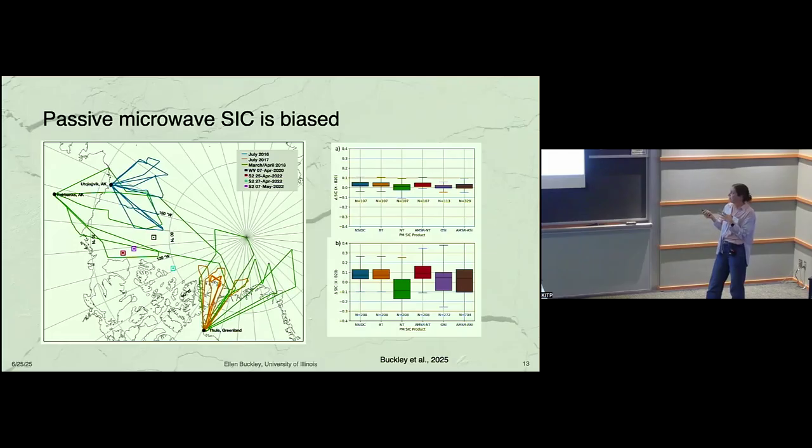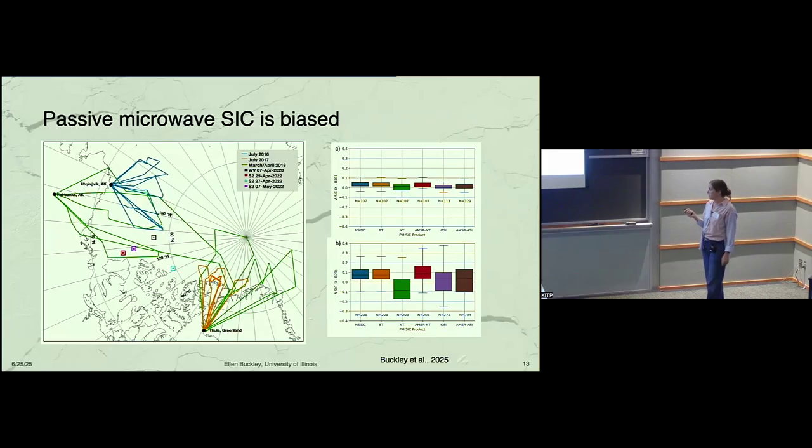And so when we compare these two, passive microwave sea ice concentration and the concentration from the imagery, we find that in the winter time, this top plot, passive microwave data is biased slightly high, so a few percent above the true sea ice concentration from the imagery, except for NASA Team, which overlaps with the zero bias. And then in the summer, interestingly, also biased high, and NASA Team has a very large spread here.